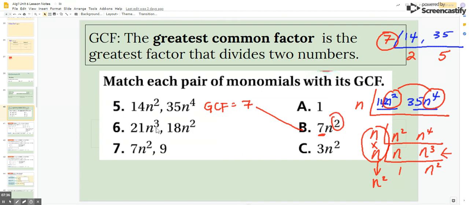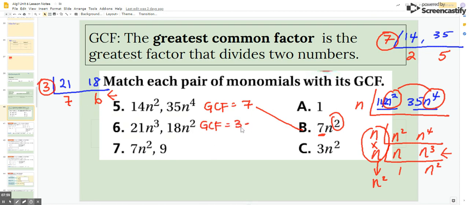What about 21 and 18? 2 is not a common factor. 3 is a common factor. So 3 times 7, 3 times 6, and we don't have any common factor from here. So 3 is going to be the greatest common factor.